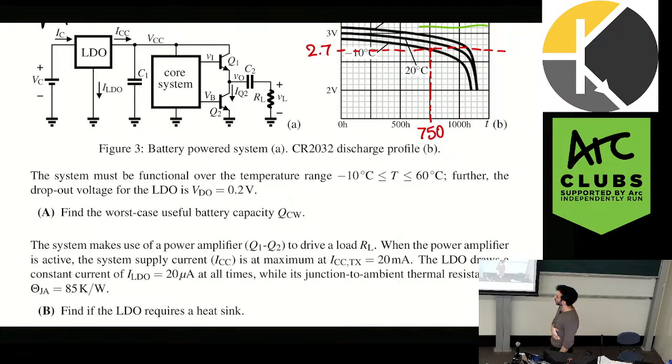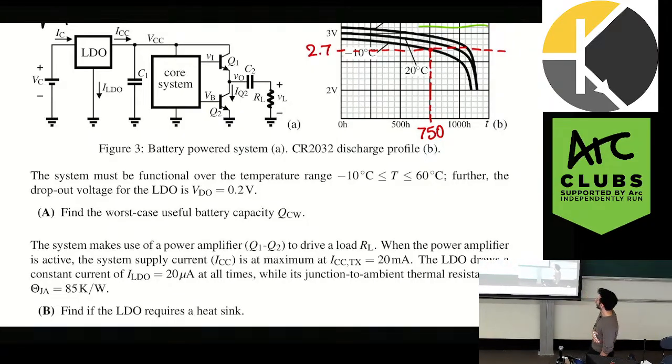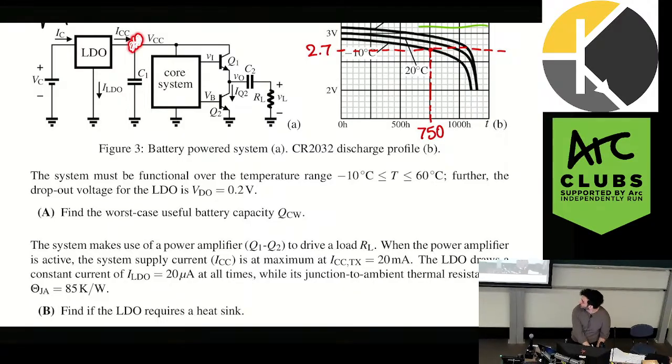Most of the time, you'd have to be given them, because we don't have enough information to calculate everything else. We don't even know what the heatsink is. To calculate those, you need to know if there's a heatsink. The question is asking us to take a step back and say, does it even need a heatsink? The junction it's referring to is essentially the output of the LDO. It's asking, does this temperature get so hot that we need a heatsink?